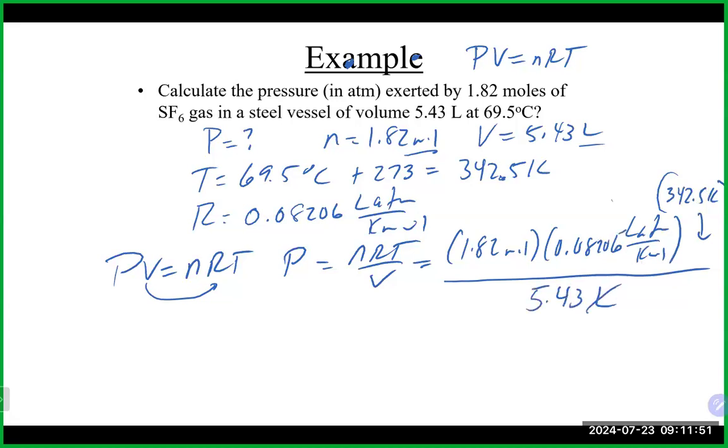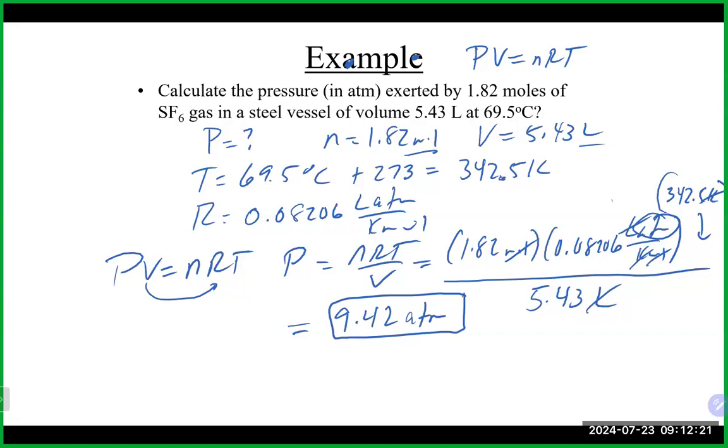Our liters will cancel, our Kelvin will cancel, and our moles will cancel. It's going to leave us atmospheres left over in terms of the units coming from the gas constant. 1.82 times 0.08206 times 342.5 divided by 5.43 is going to give us a pressure of 9.42 atmospheres in this particular case. Any questions on that one there?